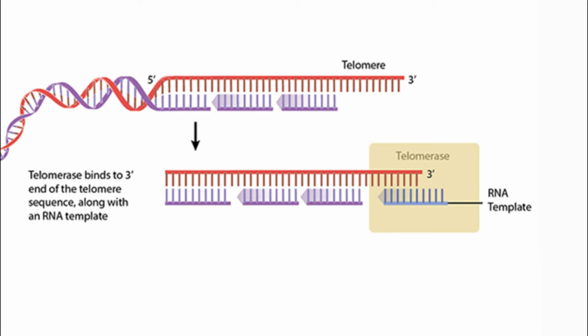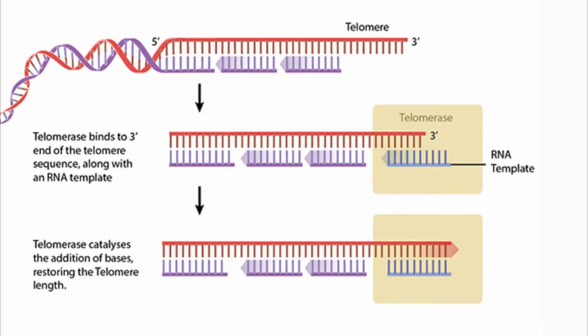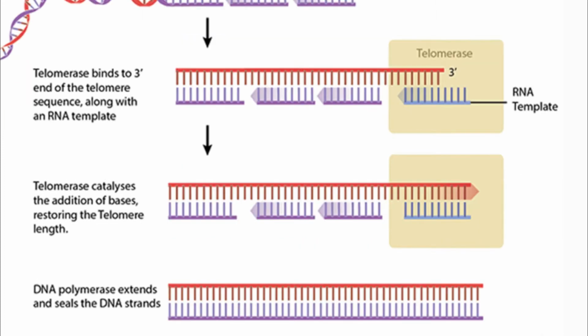So if the short repeating nucleotides were TTAGGG, the portion present on telomerase would be AATCCC, or it could be AATC, or it could be TCCC. When telomerase finds the matching sequence, it binds to the telomere and elongates it so that complementary DNA bases can be added on the other strand, protecting the cell's telomeres from shortening.